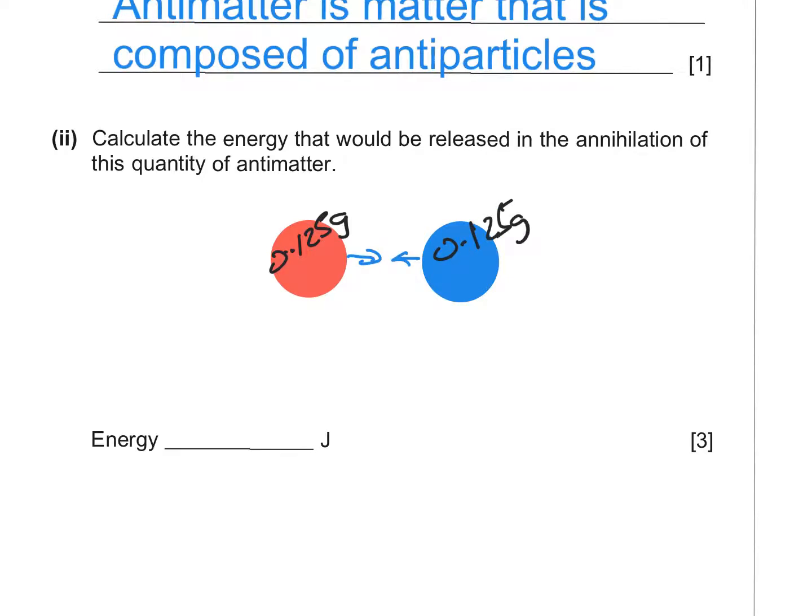So the important thing is to realize that in order to annihilate 0.125 grams of antimatter, you need just as much matter, and so it'll be 2 times that, the total amount of matter that gets annihilated.